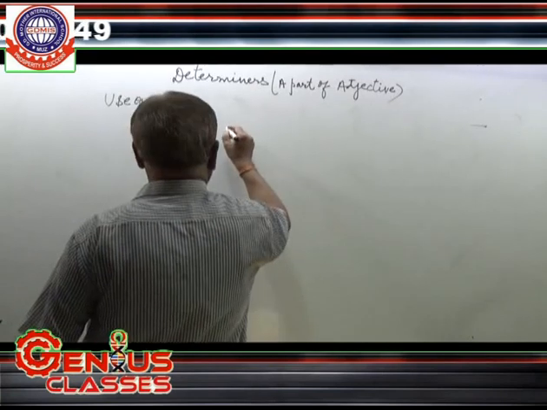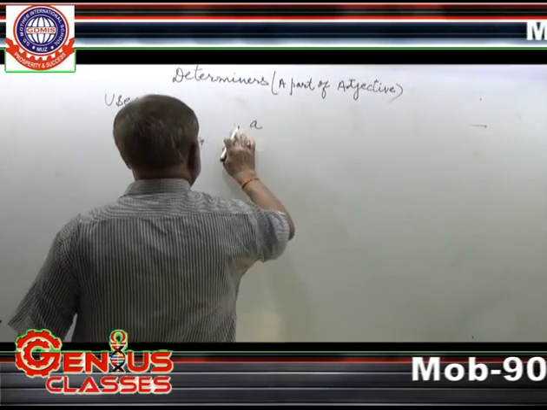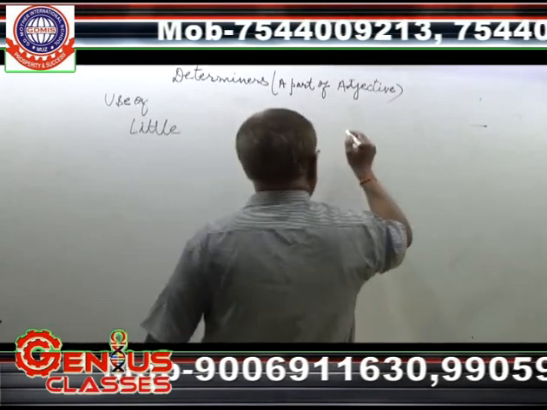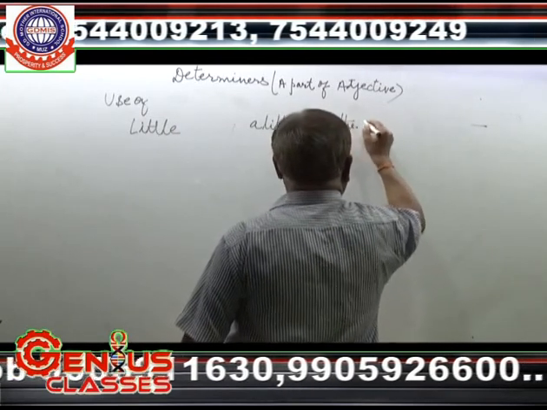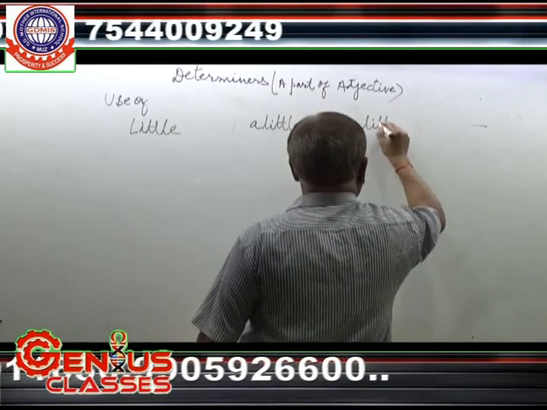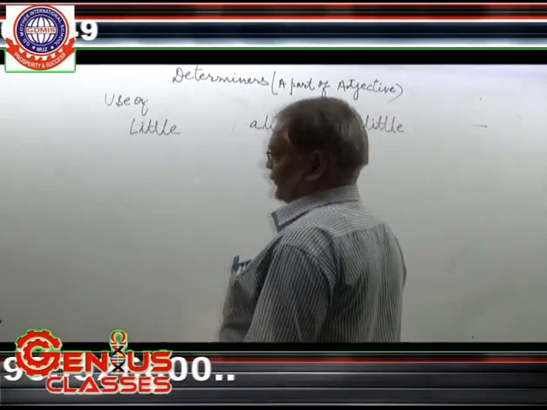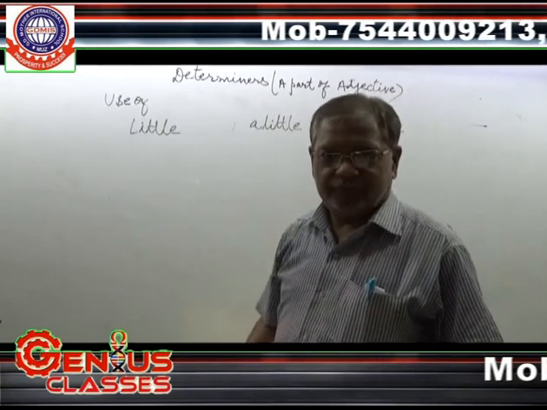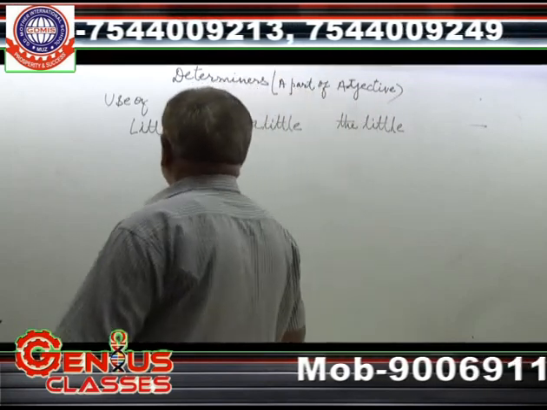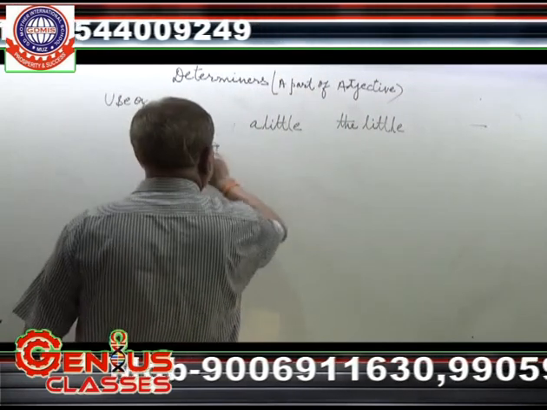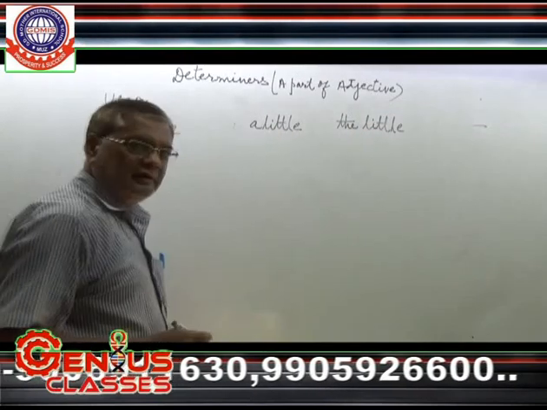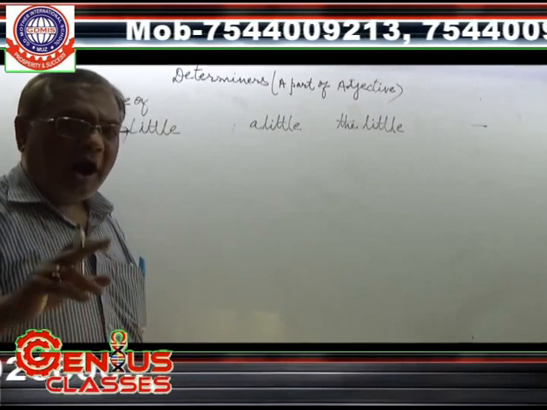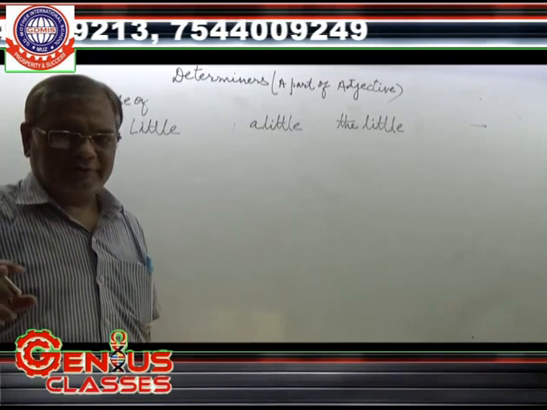Little, a little, then the little. These three words, little, a little, the little, are used only for uncountable nouns.